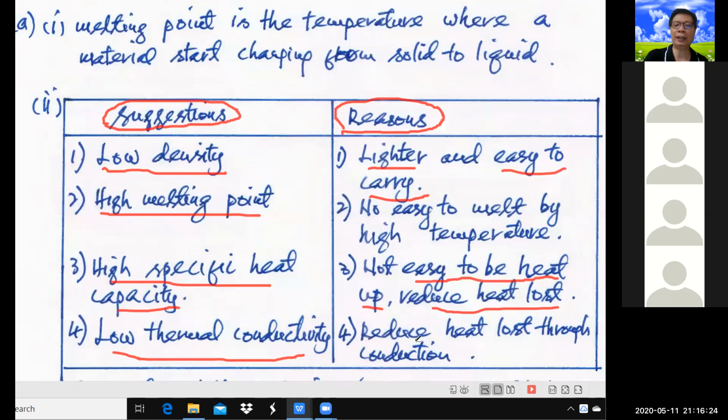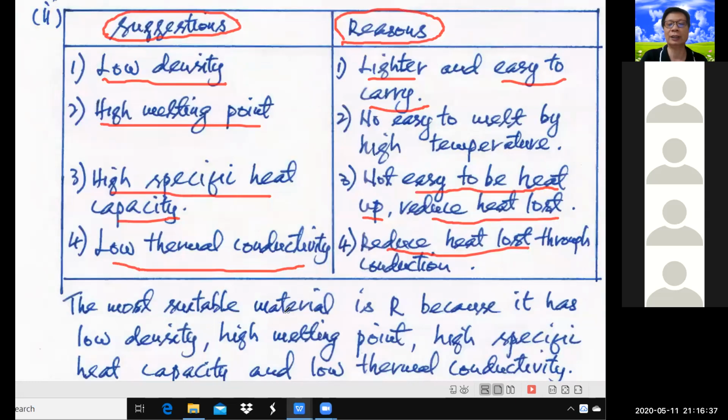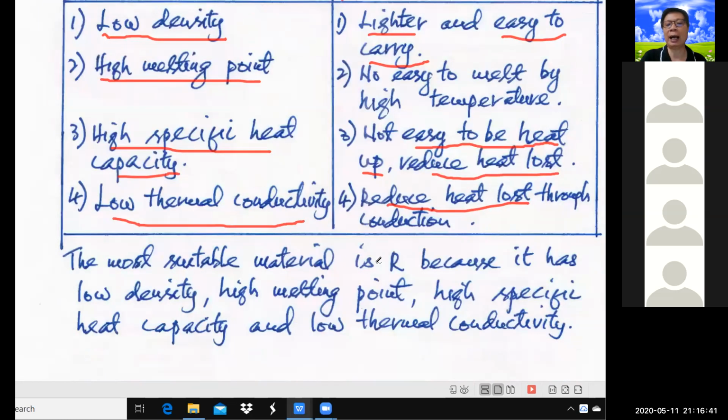By writing this, you only get 8 marks now. See, 1, 2, 3, 4, 1, 2, 3, 4, so 8 marks. For the final 2 marks, you must write your conclusion, justify your answer. So it's like this: the most suitable material is R, 1 mark.